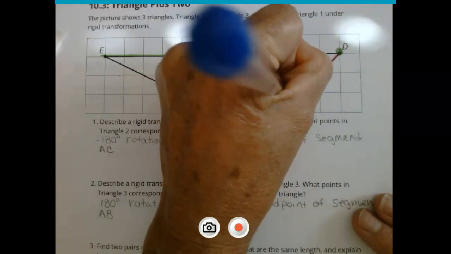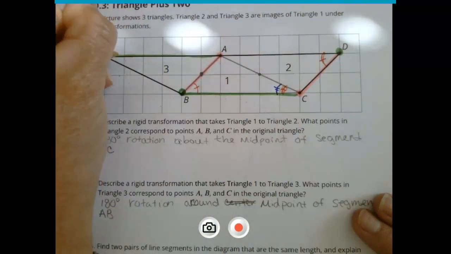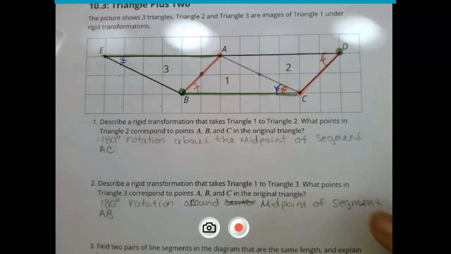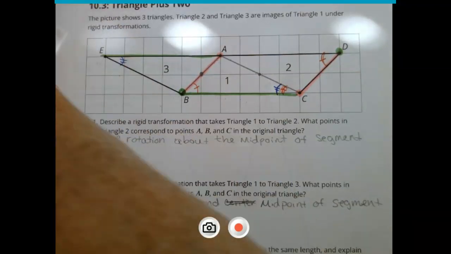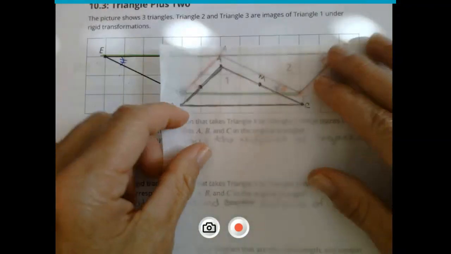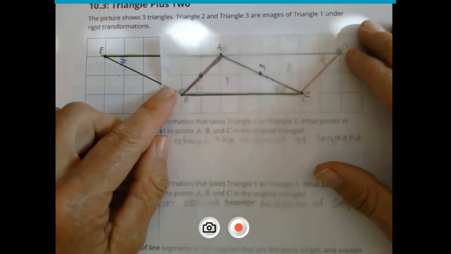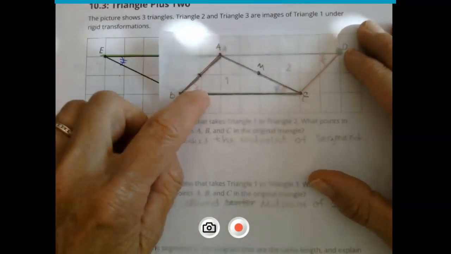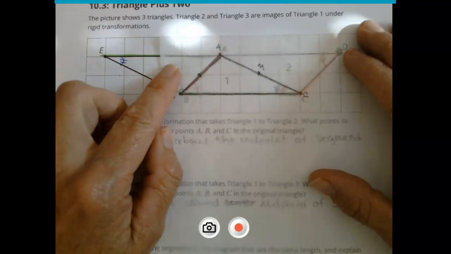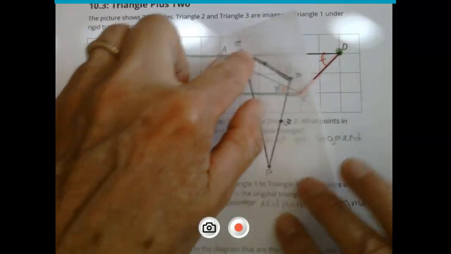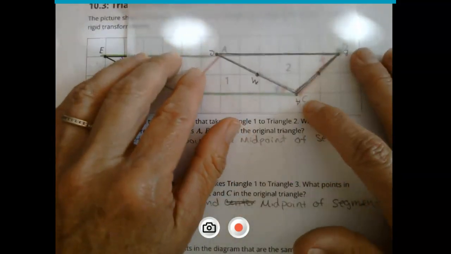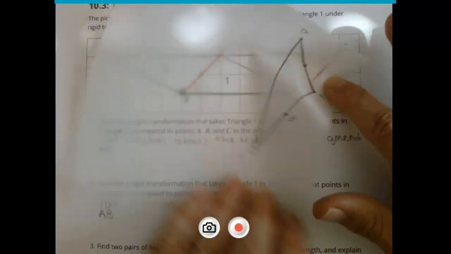C, right here, C and E would be the same size because if you use your little paper that you traced and you put them in there, you can see that, okay, that's going to be the same over here. If you have this one, if you turn it around, it's going to be the exact same size over here, okay?